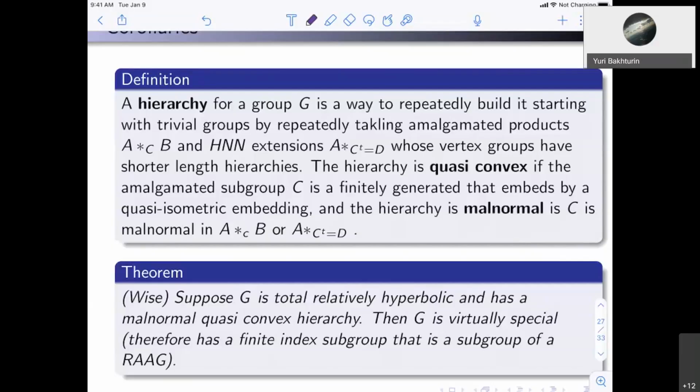Basically, to solve the word problem in an HNN extension over an abelian subgroup A of a group H: if the word problem in H is solvable and if the membership problem into A is solvable, then you can solve the word problem in the HNN extension. And then you do the chain of this.